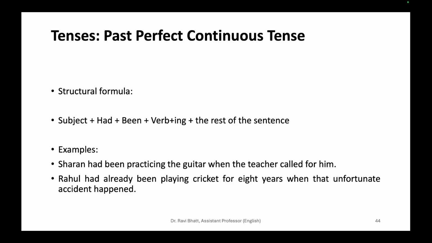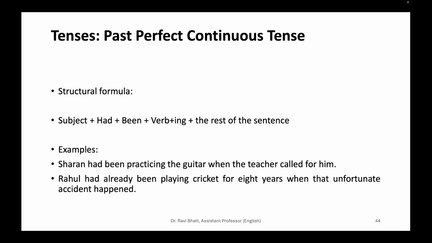Sharan had been practicing the guitar when the teacher called for him. Okay, he had been practicing the guitar for a while when the teacher called for him. So we are referring to two actions of the past, out of which one is ongoing from an indefinite time to one point in time in the past, and the other action had happened.